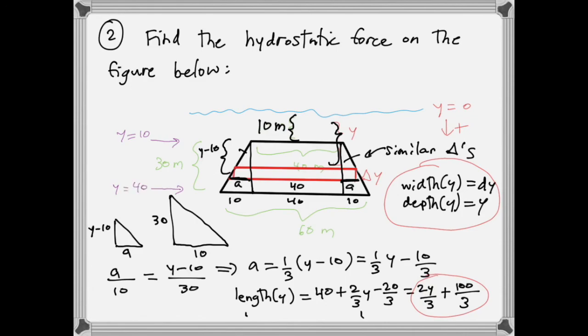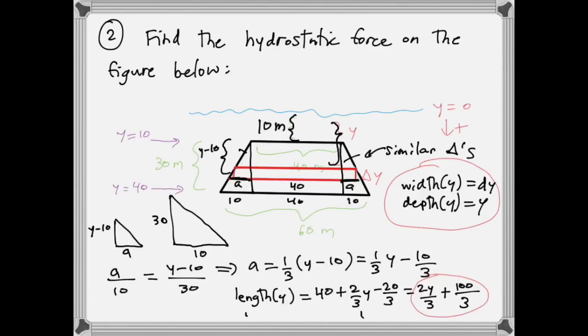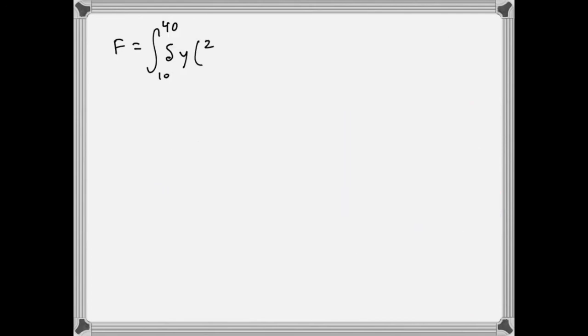Okay, so we're ready to write down our integral. So we are integrating from 10 to 40. We're going to do our delta, and then we're going to do our depth, and then we're going to do our 2/3 y plus 100/3. And then I have my dy.